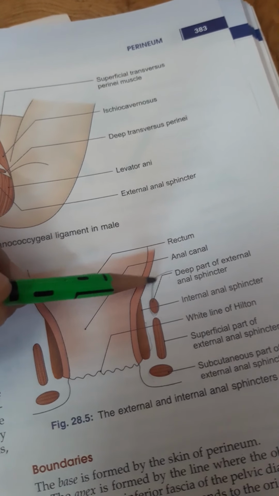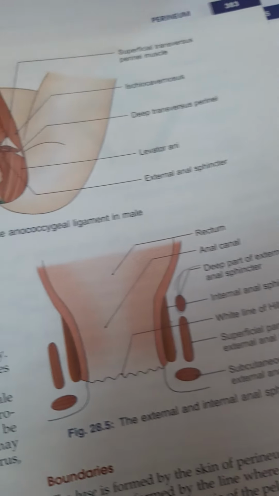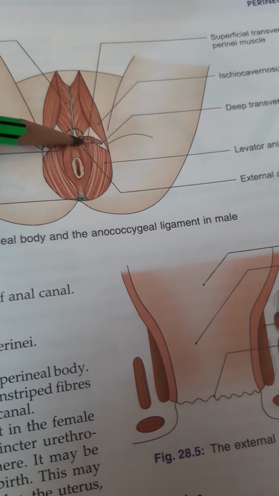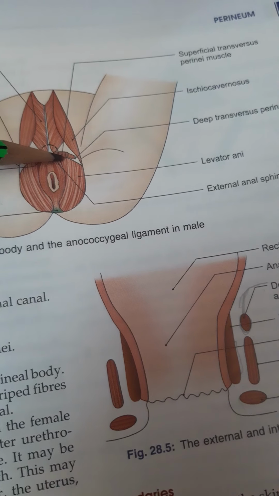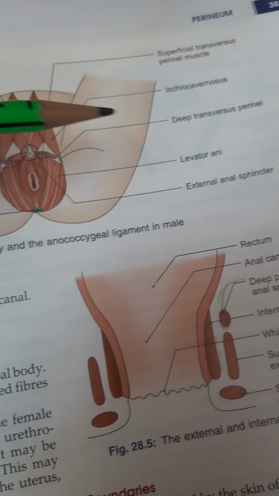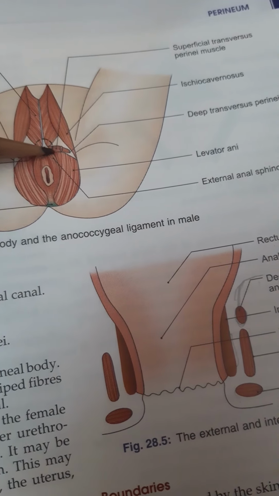Puborectalis comes from here, so it usually blends with it, but some of its anterior fibers, like anterior fibers of this particular part, they blend with the superficial transversus perineal muscle.